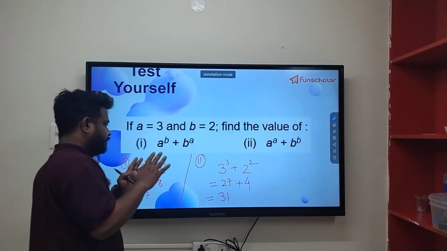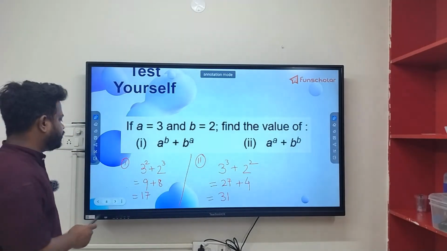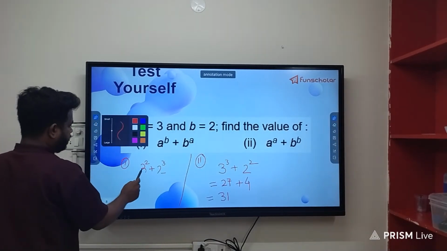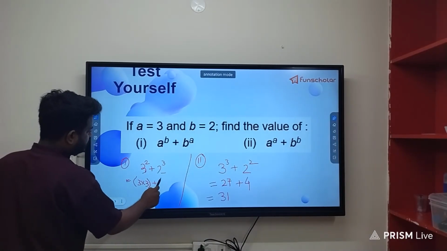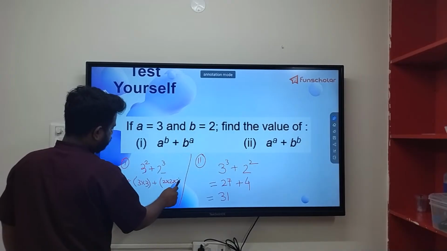If you have any difficulties understanding them, then I am writing this by breaking it down, like 3 square can be written as 3 into 3 and 2 cube can be written as 2 into 2 into 2.